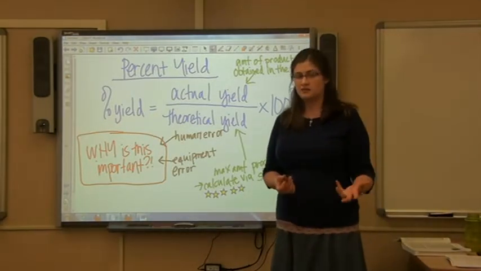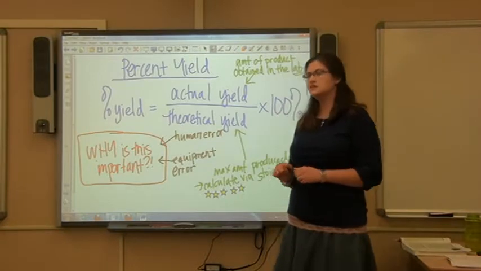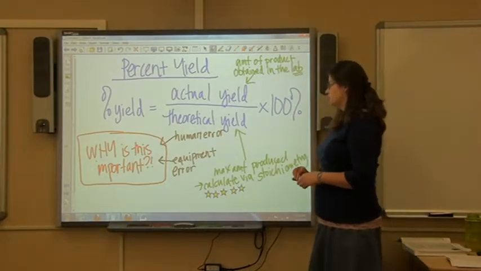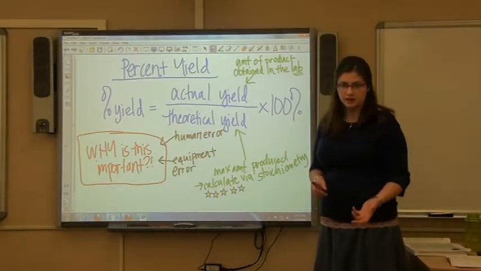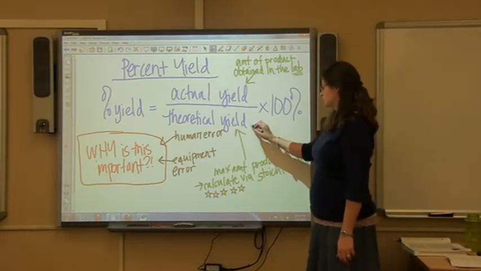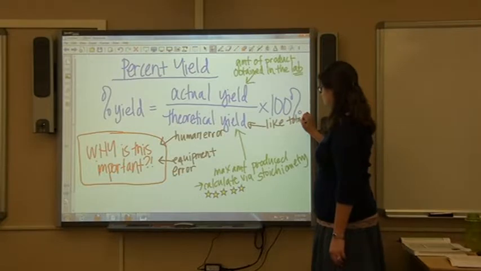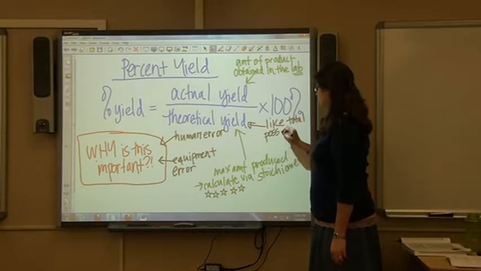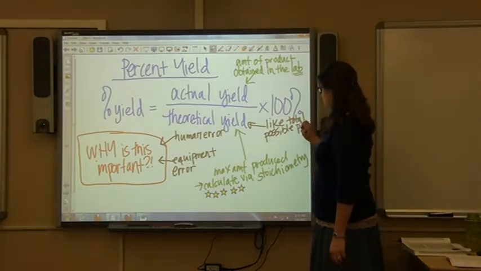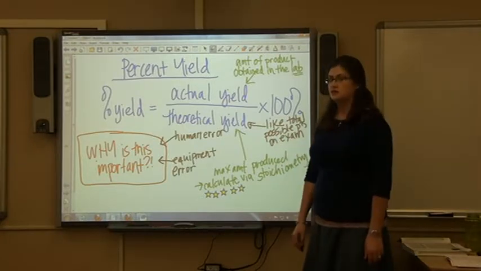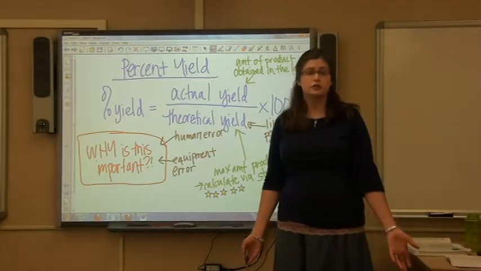Another way you can think of percent yield is the way that we calculate percent for your grade. Let's say there are 100 points in your exam. That would be like the theoretical yield, the total possible points on an exam. Theoretically, you could get 100%.